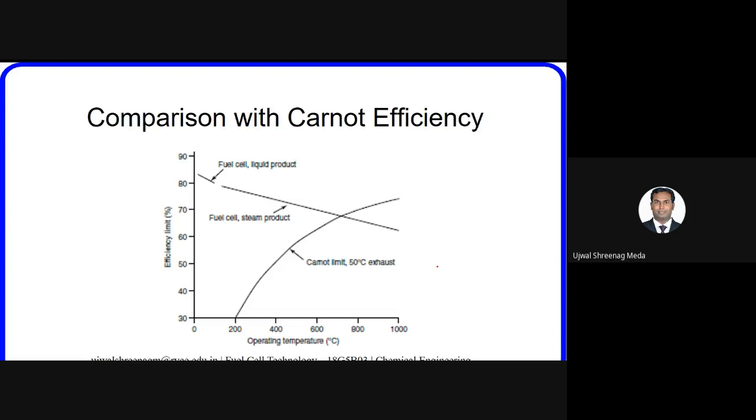Another possibility is you operate the entire fuel cell at a higher pressure. Because of that, the gaseous stream that comes out will be at higher pressure. Use that gaseous stream to run a gas turbine and generate additional power with that. So that is the second possibility. There is one more possibility, that is it is combination of a heat engine and a gas turbine.